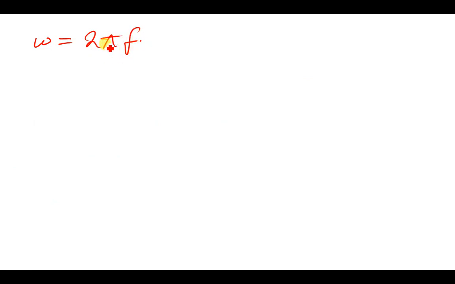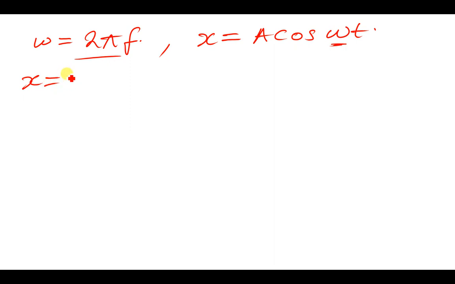So if 2 pi f is the angular velocity, remember we had x is equal to a cos wt. So where there's omega, we can just replace it with that. So the value of x as a function of t can also be written as a, this is the position, which is a cos, where there's wt, we can just put 2 pi f, and then we also include the t. So this is the first formula.